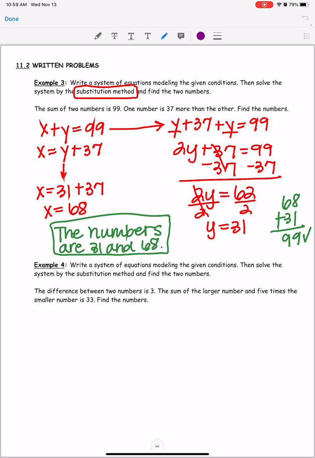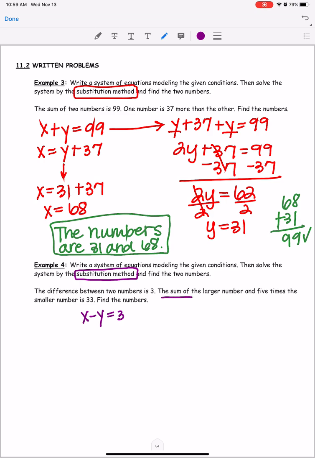Example 4, again it says, write the system of equations modeling the given conditions and solve the system by the substitution method. And then find the two numbers. So the difference between two numbers is 3. So I know when I subtract x minus y, we get 3.